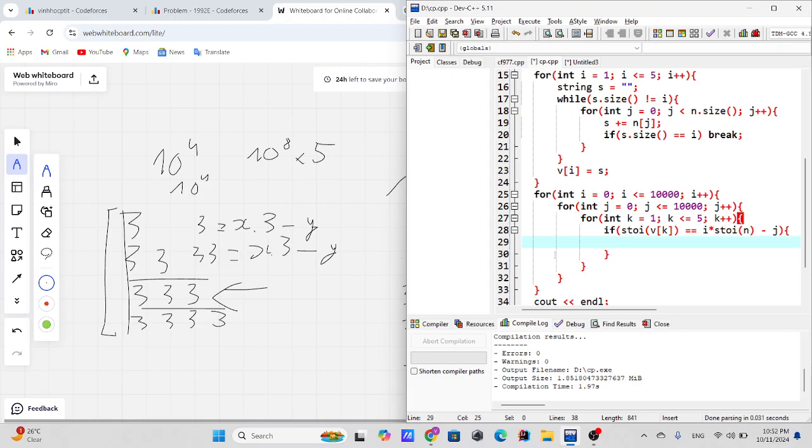I'm not sure if this will get accepted, but we gotta try.